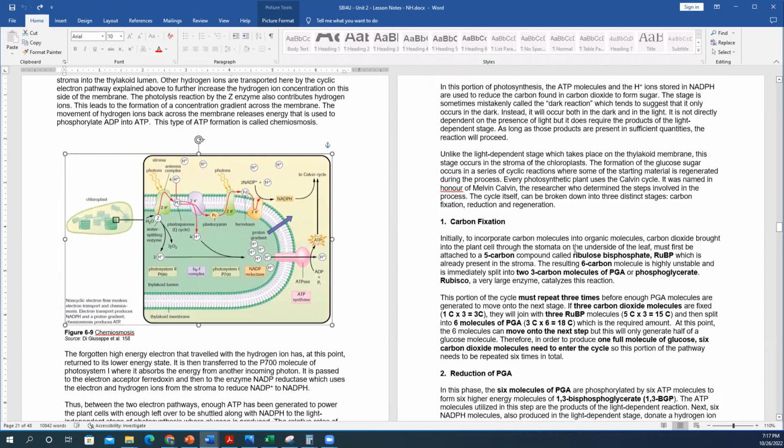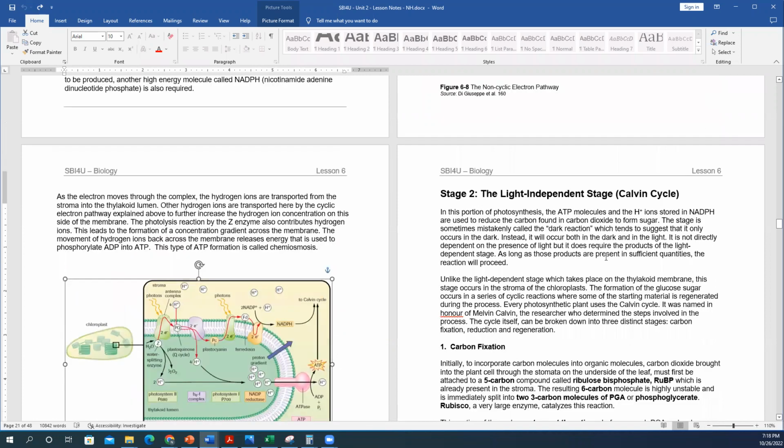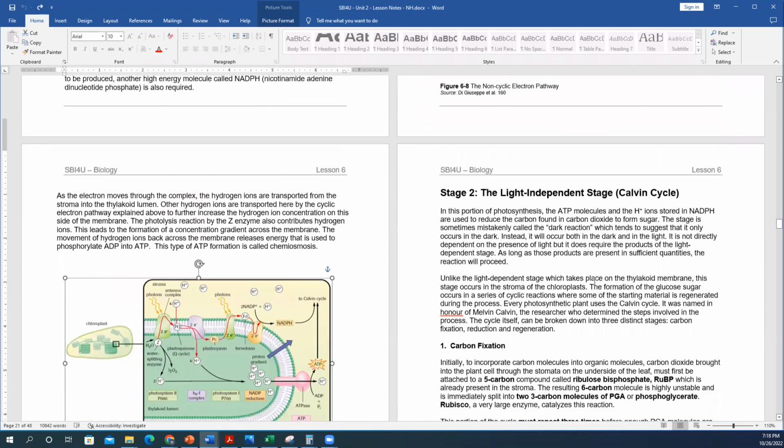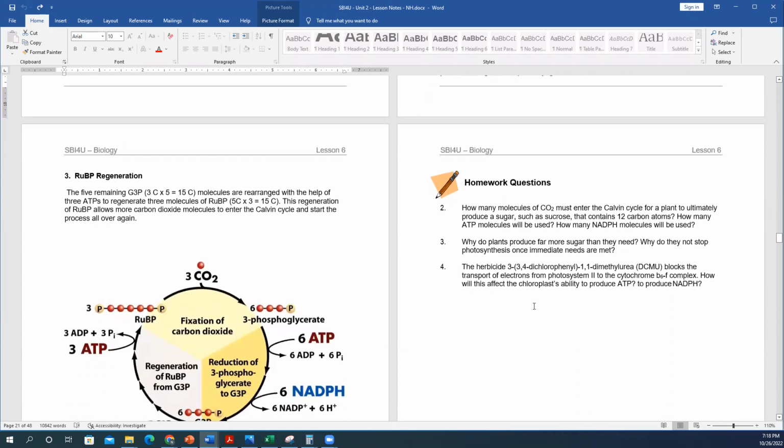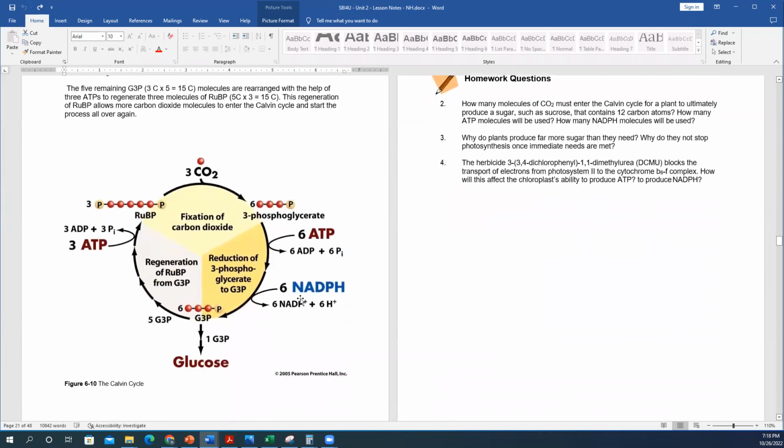but then you have the light independent stage, or the Calvin cycle, where you use carbon dioxide, and in the Calvin cycle, you have 3 steps: the fixation of carbon, the reduction of 3-phosphoglycerate to glyceraldehyde 3-phosphate, which is then regenerated to form RuBP and goes through the cycle again and again.